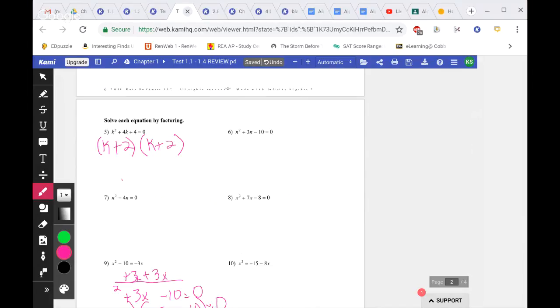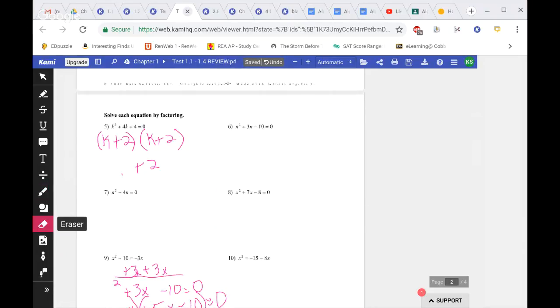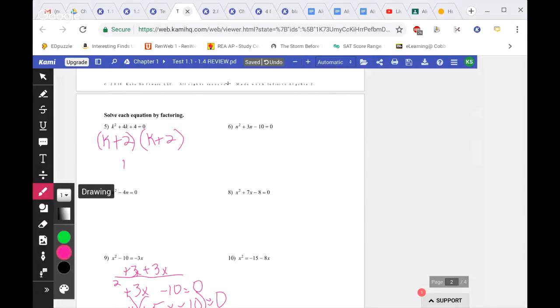Oh, well, on this one, I'm sorry, it's solve. My bad. All right. So you've got the two factors, correct? Yes, ma'am. Okay. Since they're the same, you only have to do it once. You set each little factor equal to 0 and solve for k. So k equals -2. And you're done. Oh, okay. That's easy.